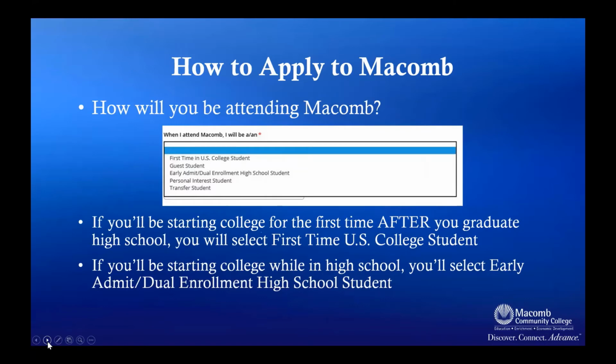If you are still in high school and you're going to be taking college courses, you'll choose the third one down, which is early admit or dual enrollment in high school. If you're just going to be taking a class or two just for personal interest, you will choose personal interest student. And then, of course, if you're coming from another university or college, community college, you'll choose transfer student.